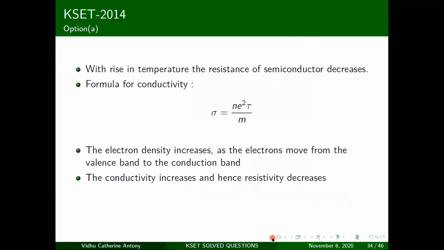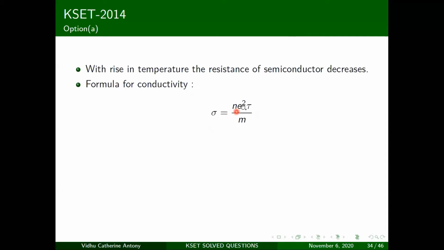The formula for conductivity is given by what? Sigma is equal to N e squared tau by M. So that means as your N increases, your conductivity would start to increase. And that means your rho, which is the inverse of your conductivity, your resistivity, would start to decrease. So with the rise in temperature, the resistance of the semiconductor decreases. That is one idea.